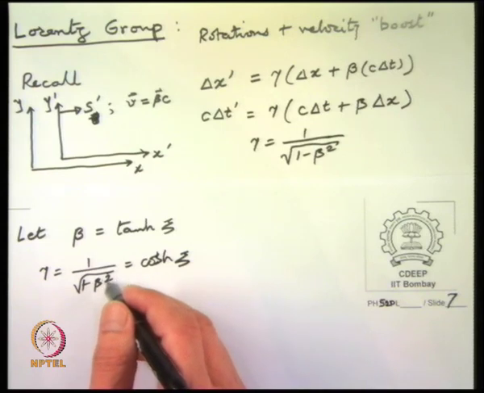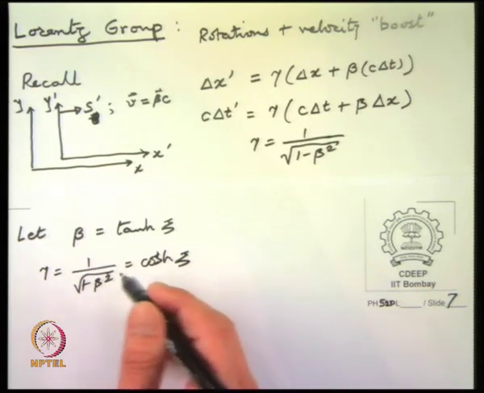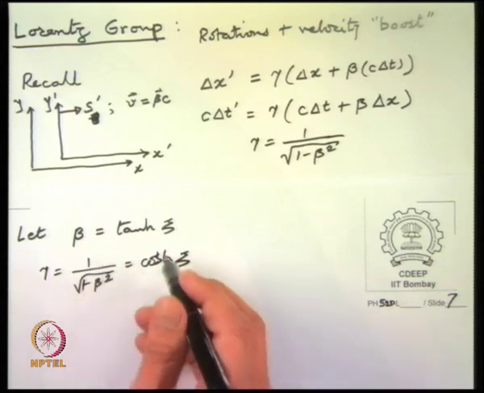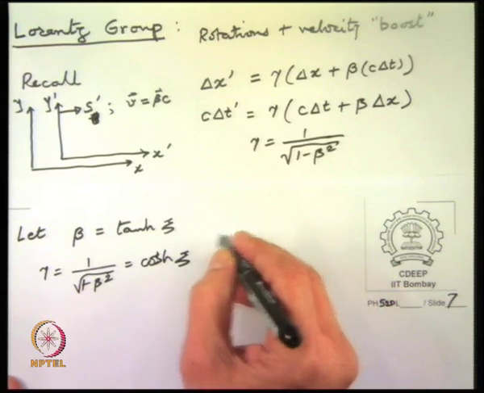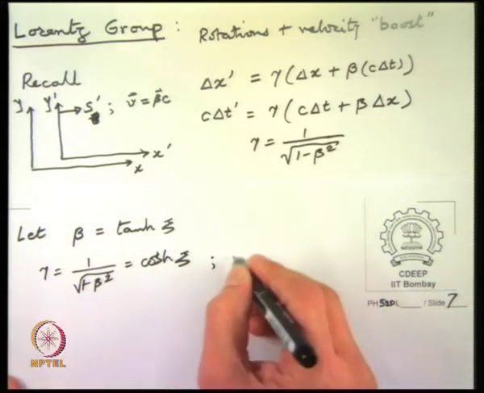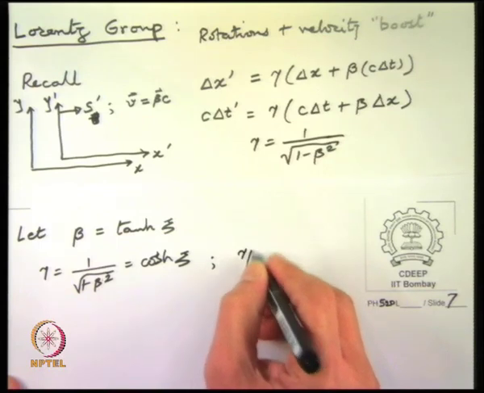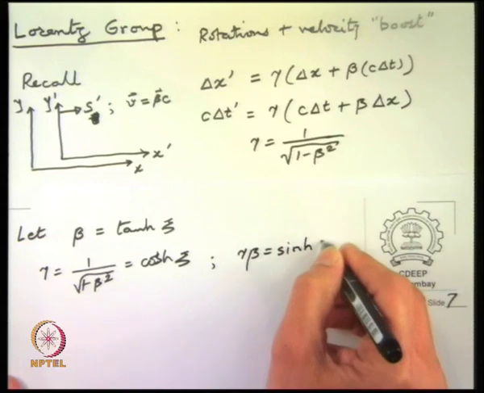Sinh psi is the product of the two, so gamma beta is equal to sinh psi.